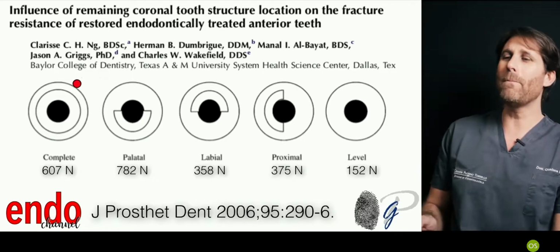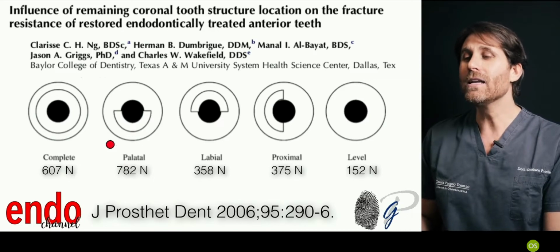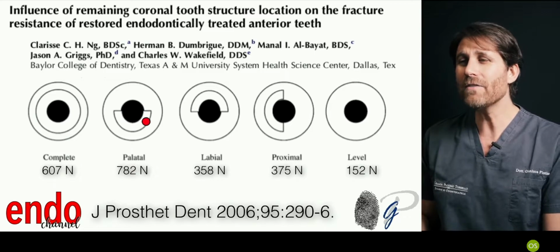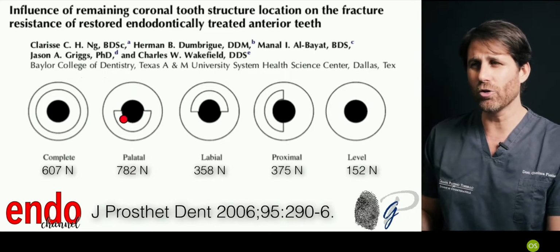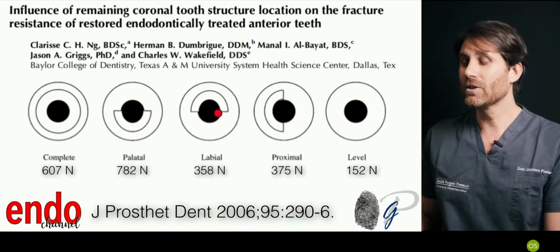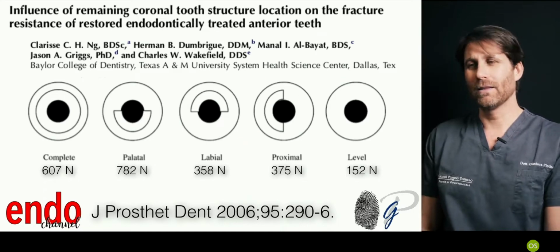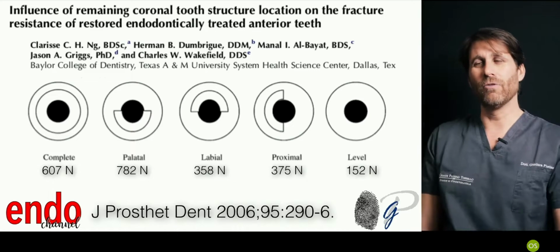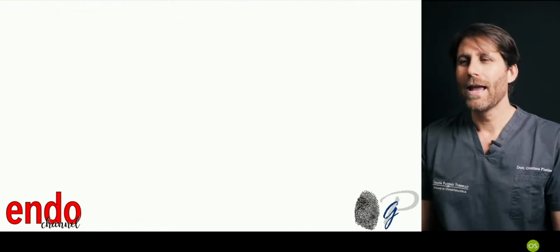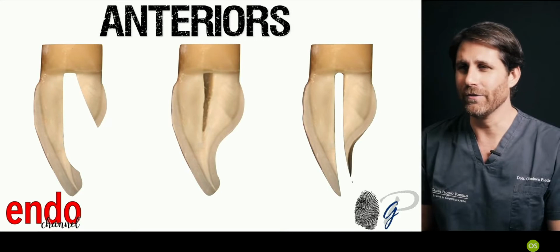For example, the palatal aspect of anterior teeth is very important in increasing the fracture strength of the root. If we have the palatal aspect of the anterior tooth, the tooth will be stronger than if we only have the labial or the proximal aspect. For this reason, we have changed the way we open the anterior teeth.